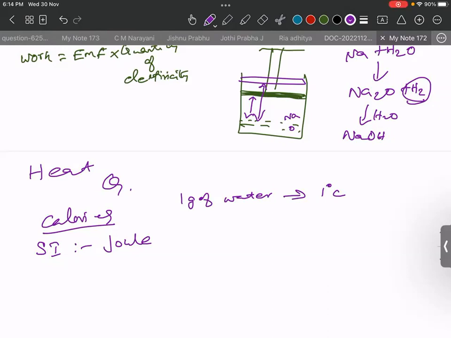That calorie is the centimeter, gram, second unit, the CGS unit. The SI unit of heat becomes joules.